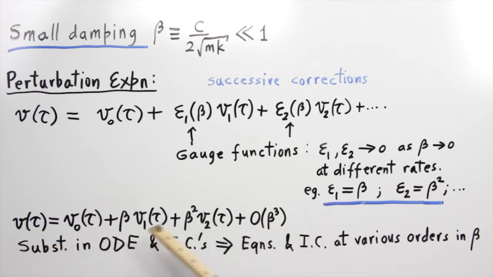So this expansion, this asymptotic expansion, is going to be substituted in the ODE that we have, and we are also going to substitute this in the initial conditions for the problem, and that will give us an expansion of the equations and initial conditions at various orders in beta, and it is that which we're going to use to determine the behavior at various orders. And so that is the process that we're going to now discuss.